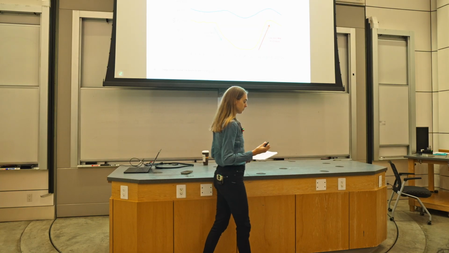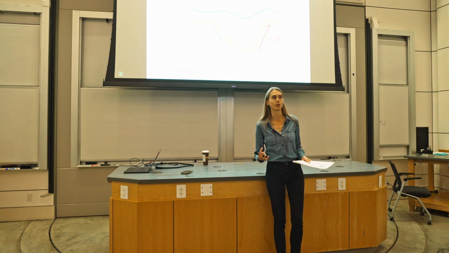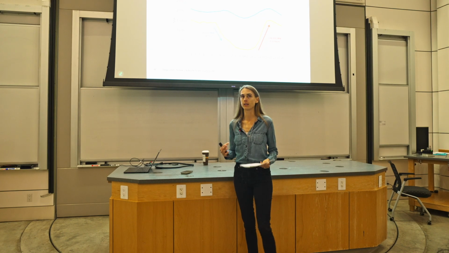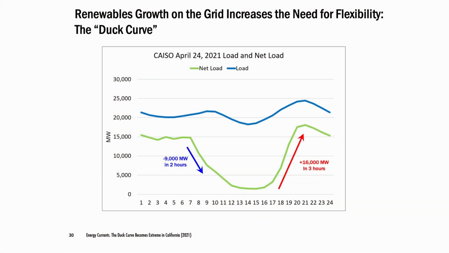As we've talked about in this class before, another important trend and characteristic of increasing solar on the grid is the challenges of integrating that intermittent resource, where we have increasingly a huge amount of solar on the grid during the day, but significant ramping needs in the morning when the sun is rising, and particularly in the evening when the sun is setting, simultaneous to when we have a peak in demand on the grid.